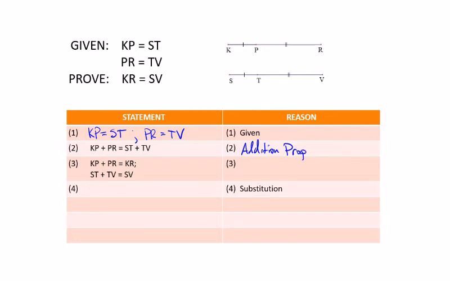Okay. So the next thing they're saying is KP plus PR equals KR. So that's the segment addition postulate. Good job.